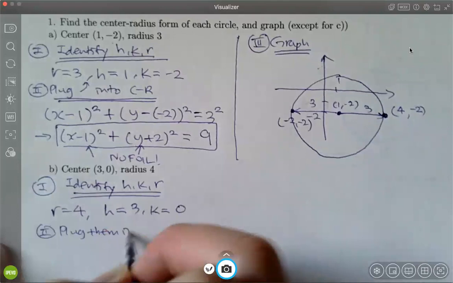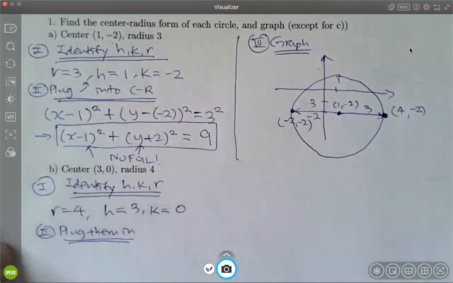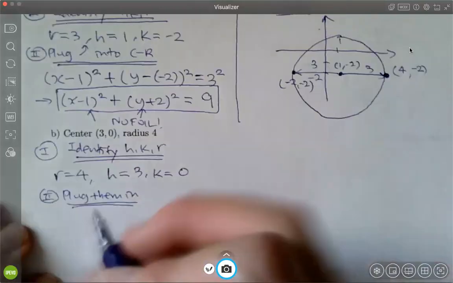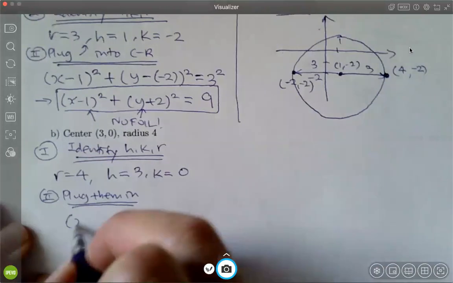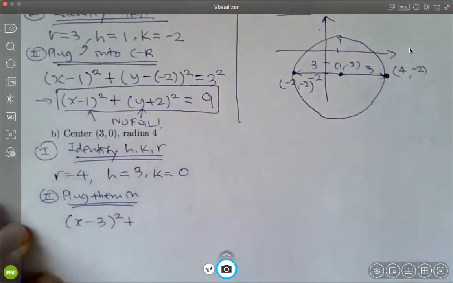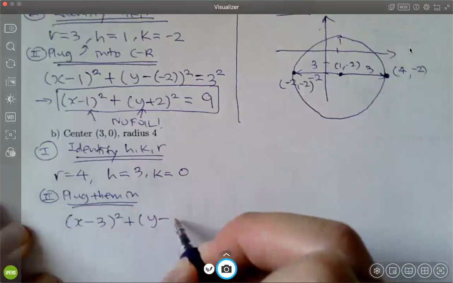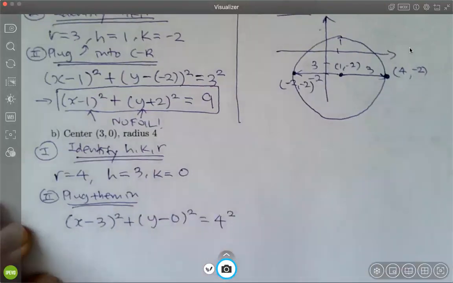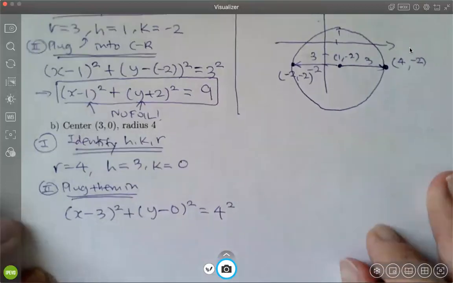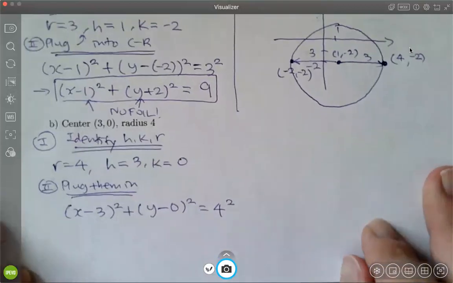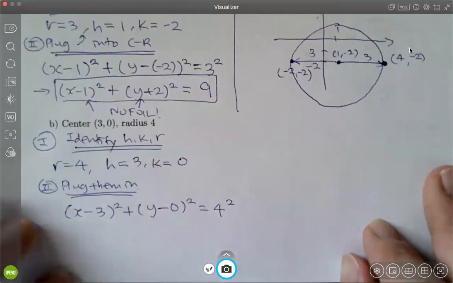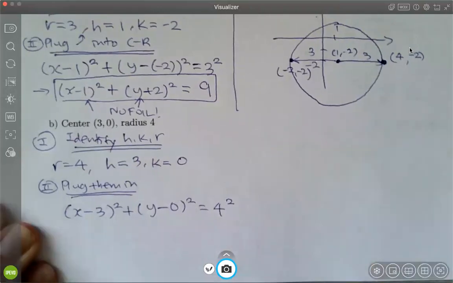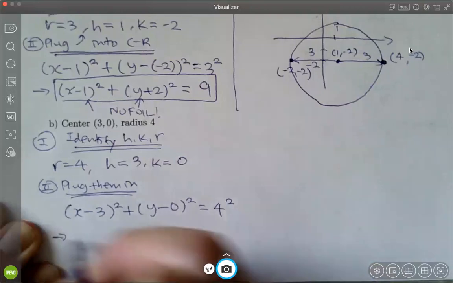to the center radius form. So what do you get? X minus H, which is 3 squared, plus Y minus K, which is 0 squared, is equal to 4 squared, right? Okay, so now here, there is no minus and negative sign, so there won't be any plus sign inside parentheses, but can we rewrite something?